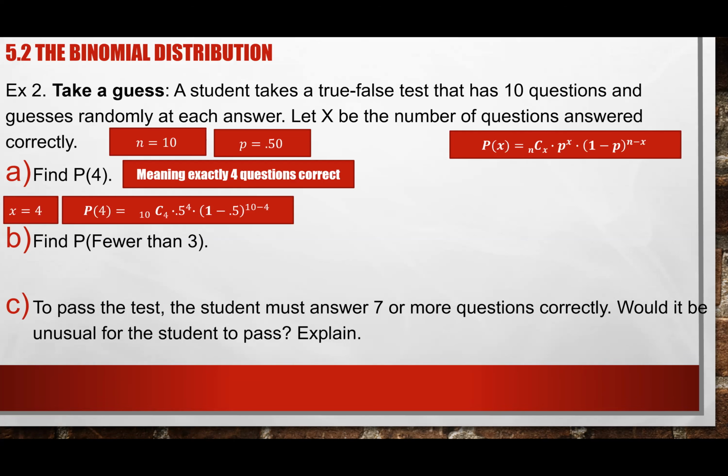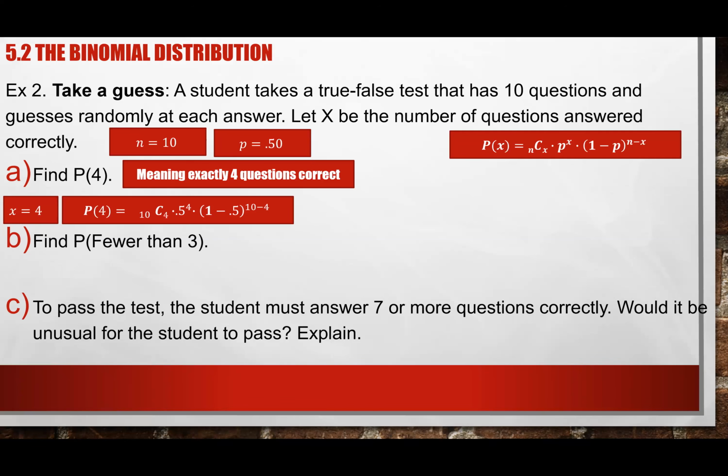And now what do I have? I have 0.5 raised to the 4th power, which is 0.0625. And then 1 minus 0.5, which is the other 0.5, raised to 10 minus 4, which gives me 6. 10 minus 4 will give me 6. That is what I have.